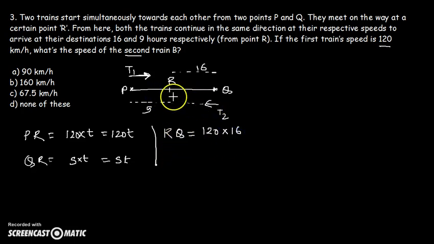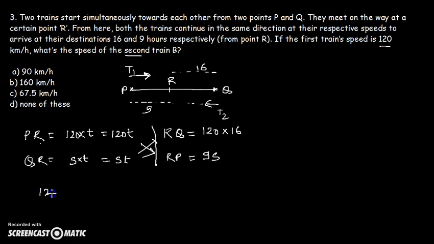Similarly, for T2 train, it takes 9 hours to cover this distance from R to P. The distance will be given as speed of train T2, which is S we assumed, and the time taken, which is 9. So RP is 9S. Now this PR is same as this PR, right? And this RQ is same as this RQ.